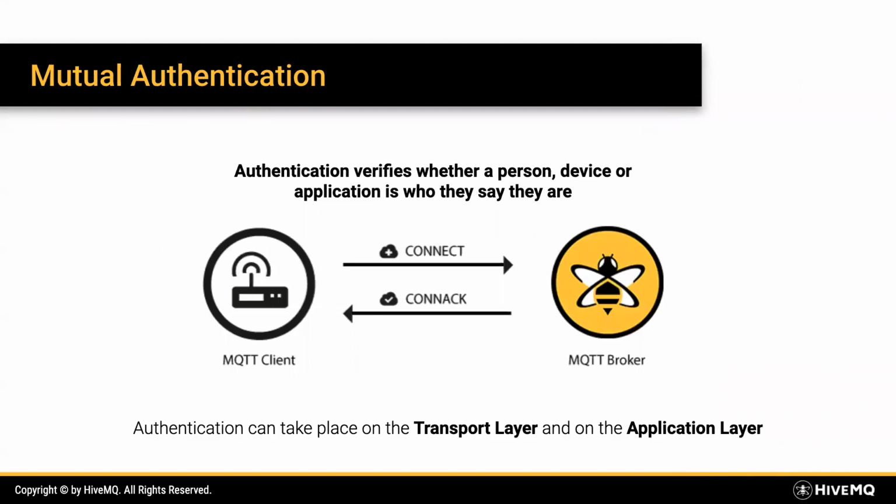So mutual authentication is the next one. This can be provided by TLS as well. This is called TLS with client certificates. So the broker always needs to have a certificate, but the client can use a certificate as well. And then the connection is mutually authenticated.